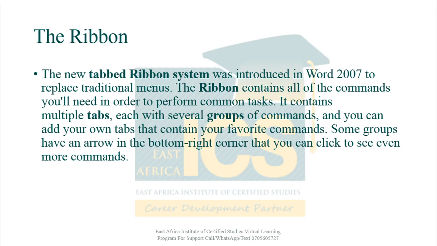It contains multiple tabs, that's why we are calling it tabbed. It contains multiple tabs, each with several groups of commands, and you can add your own tabs that contain your favorite commands. Some groups have an arrow in the bottom right corner that you can click to see even more commands.